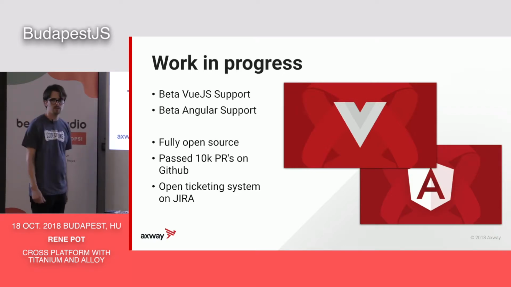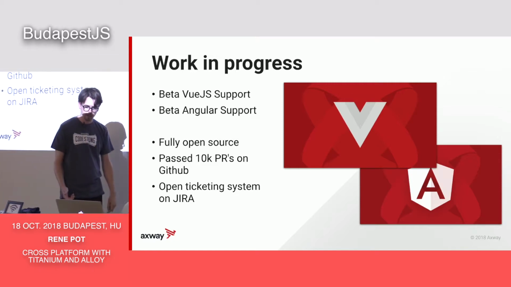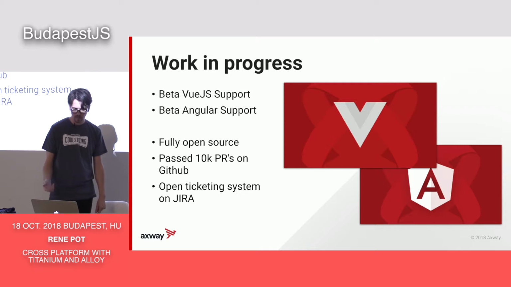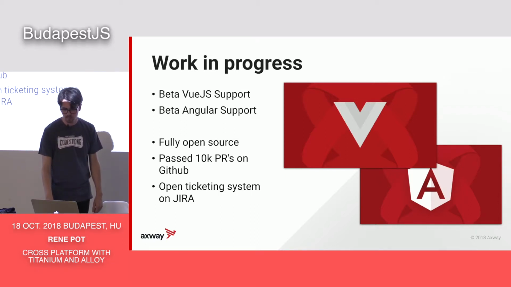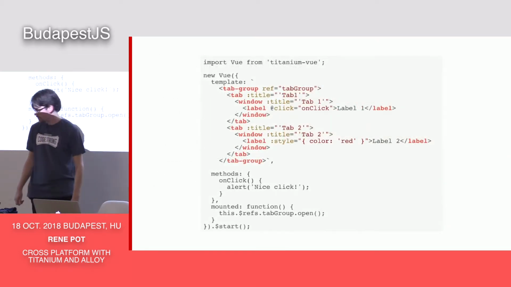There's Vue.js and Angular support, which is in beta right now, but you can experiment with it. Everything we have is open source, so you can just clone it locally and do whatever you want with it. This is an example from Vue.